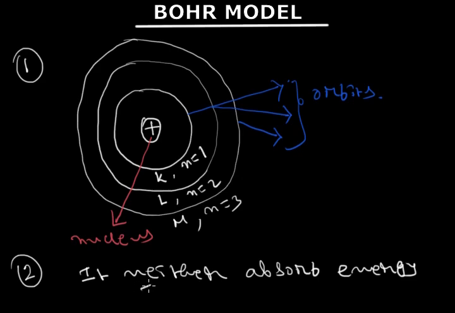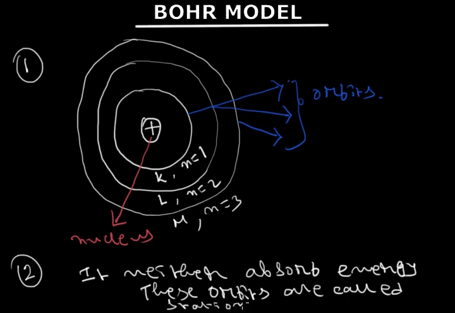So, these orbits are called stationary orbits. The second point states that when an electron revolves in an orbit, it doesn't absorb or release any energy. So these orbits are called stationary electronic orbits.